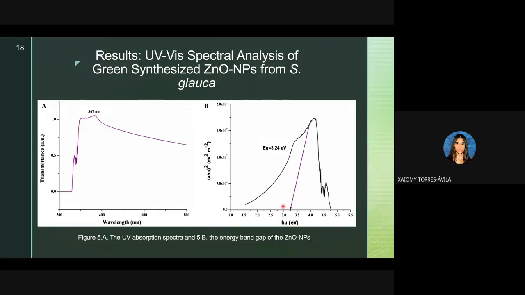So I think they just showed this to confirm that this band gap size is what's been previously obtained in the literature. So it's like a characterization.